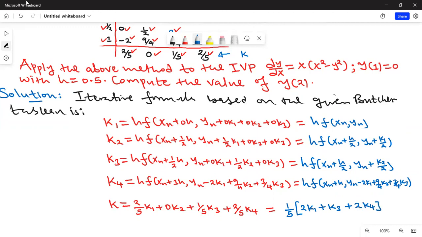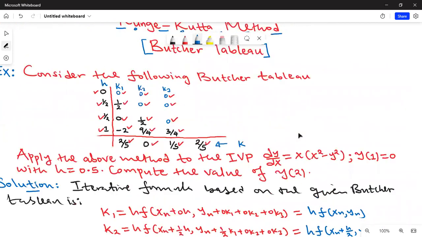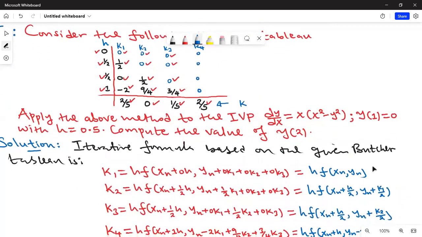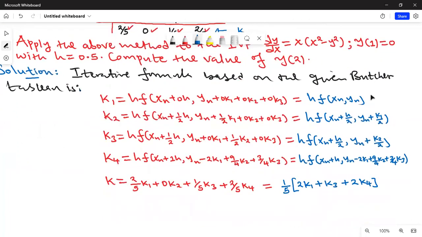That is how to interpret the Butcher table that is given there. And remember, I didn't write k4 in the earlier rows, so there's k4 here, and everything is 0. So even when you are adding, there will be 0 k4 everywhere, which does not even change our formula. So having interpreted the Butcher table, remember for you to get y sub n plus 1 is equals to yn plus k.